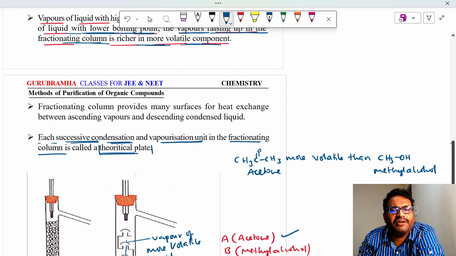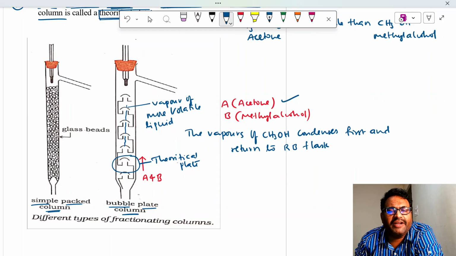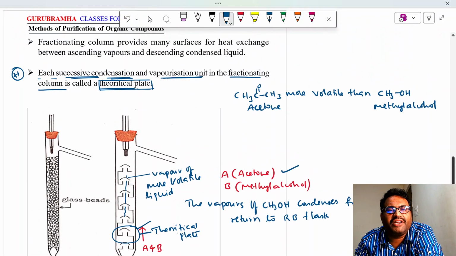So there is a different term used here, and that is important. For the purpose of understanding, let us take that this is a theoretical plate. What is this theoretical plate? At this theoretical plate, one condensation and one vaporization occurs.